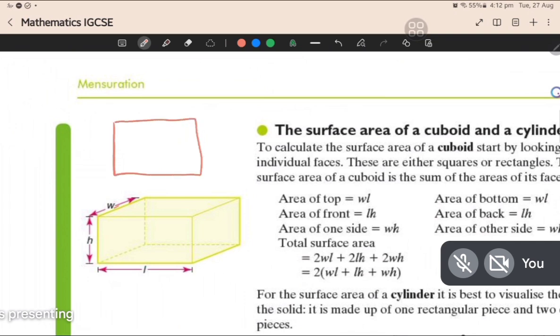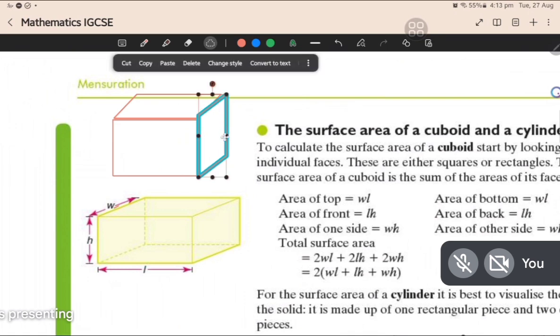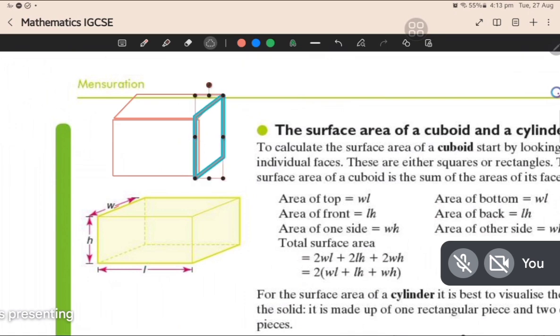A net diagram is what shows you the faces of a 3D object.